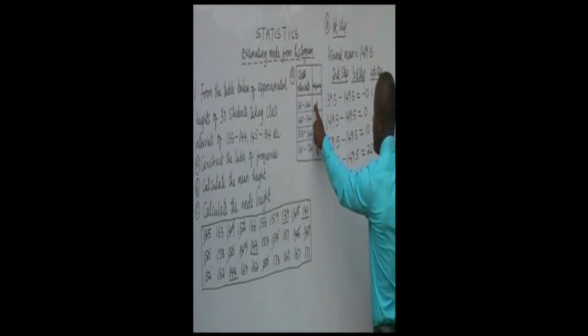The first class interval has a frequency of 4, so you have minus 10 times 4. The second class interval has a frequency of 12. The third has a frequency of 8. The fourth has a frequency of 6. Whatever it gives you, just write it down. So now the fifth step.